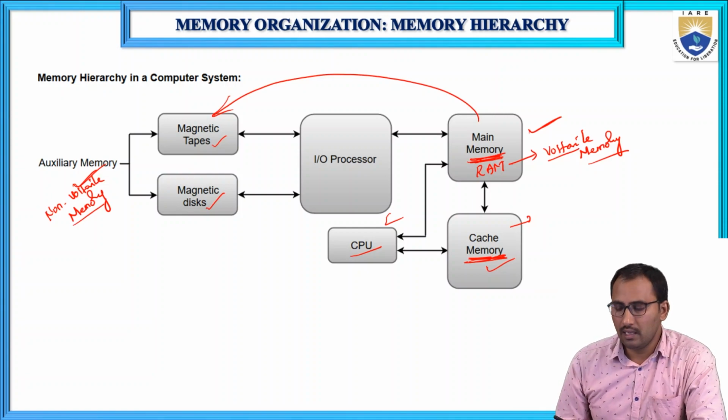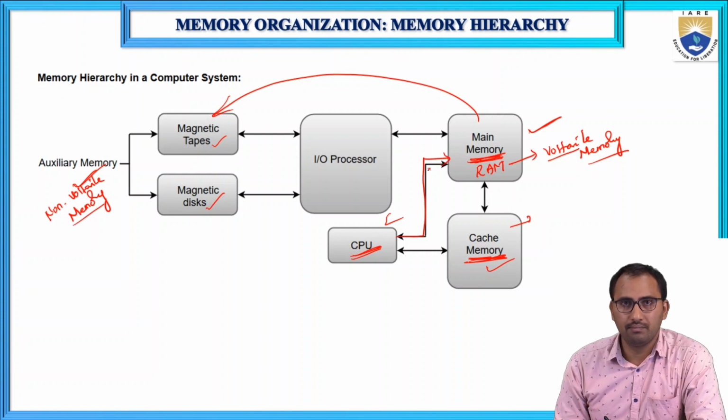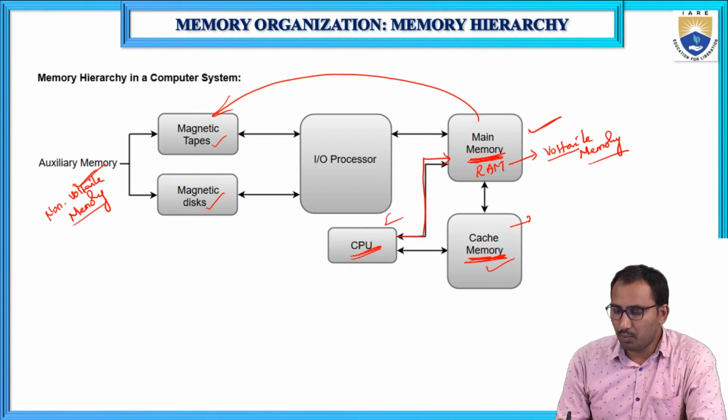So how will it synchronize their speeds? Suppose the CPU requires some programs and data. The CPU first checks in the main memory. If that program and data is available in main memory, it will be taken from the main memory and executed.